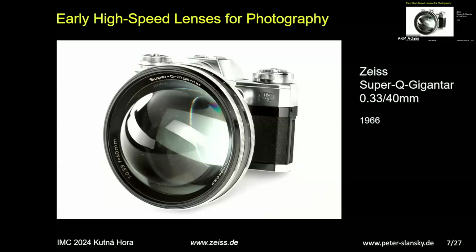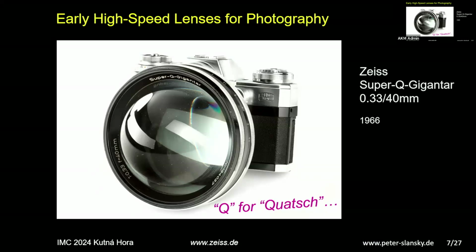But it turns out that in German, the Q stands for Quatsch. It didn't work, it was just a mockery, because this is a condenser lens, and when you see it from the side, it's like that. Forget that, that's just fake.